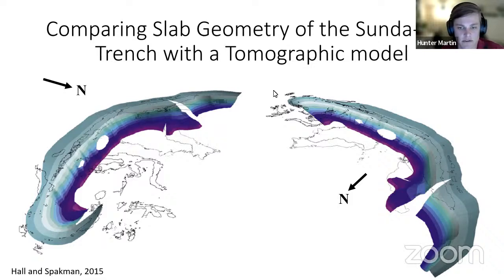So that's what we potentially could be seeing here. The tear in the slab could help explain the lack of deep seismicity in the region, though. The tear could facilitate mantle upwelling through the tear, causing warming of the mantle, and ultimately not facilitating brittle deformation at deeper depths.